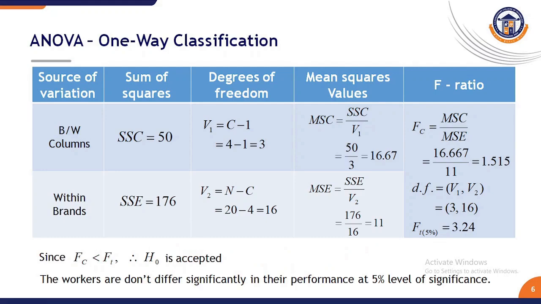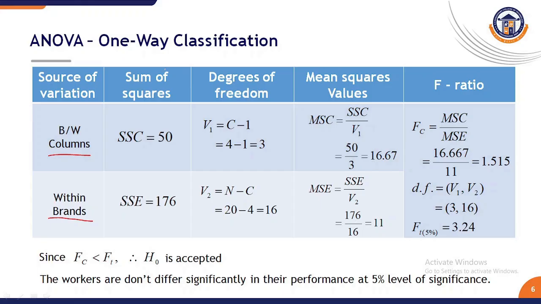Next to formulate the one-way classification ANOVA table. So source first, as in the first column for source of variance, there are two different variations. This one is between columns and the second is within columns.